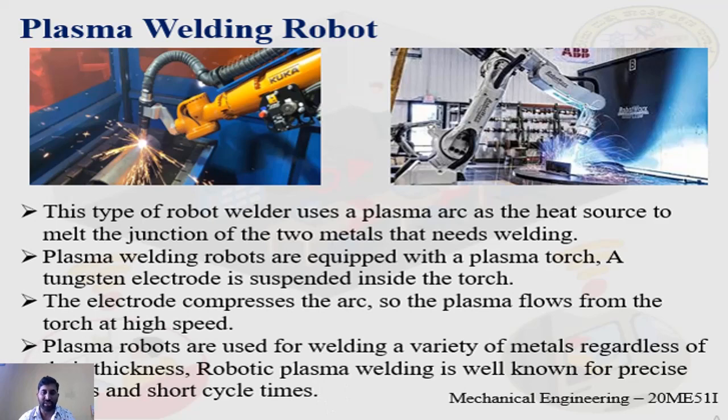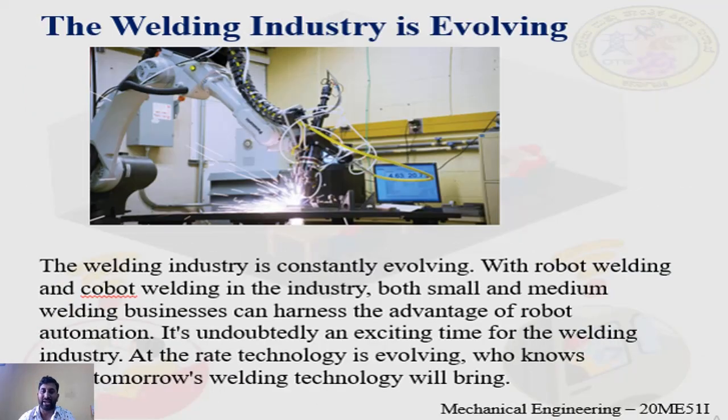Okay, these are all the different types of welding that we can do by using a robot. And the last slide is that the welding industry is evolving. As we know, we can compare the welding done by human as well as by robot. Definitely the production rate and the quality are improving.